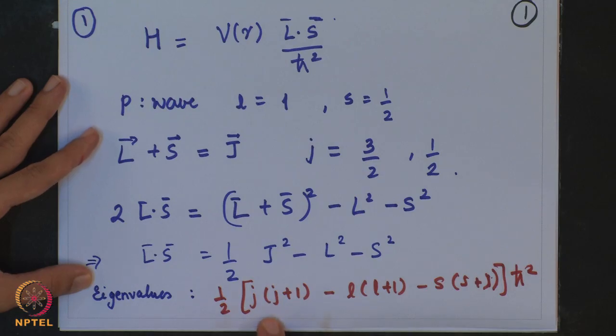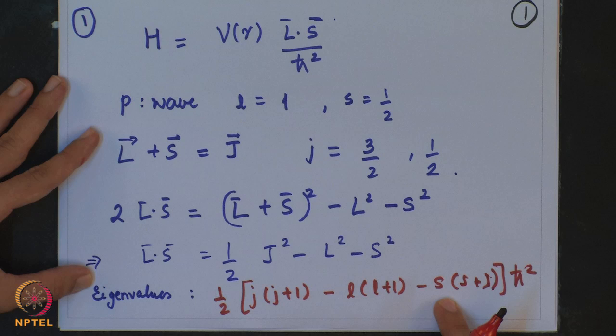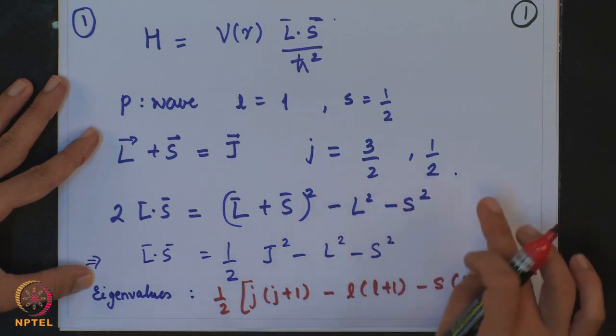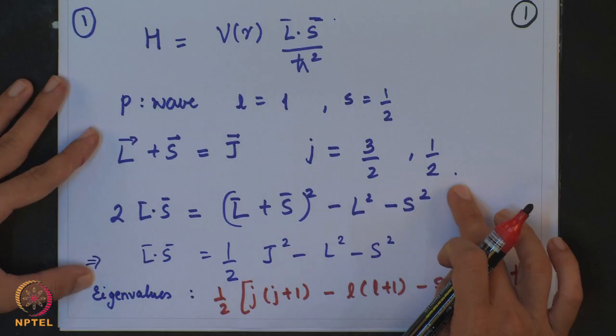So, by putting the value of J, L and S, you can calculate the eigenvalues for J is equal to 3 by 2 and J is equal to half.